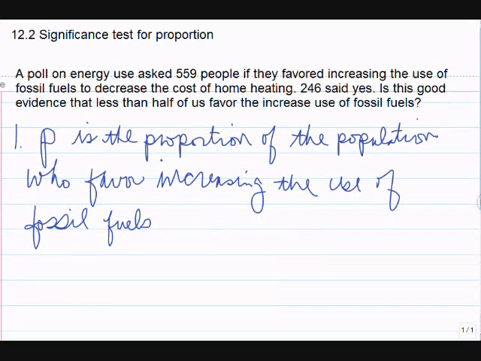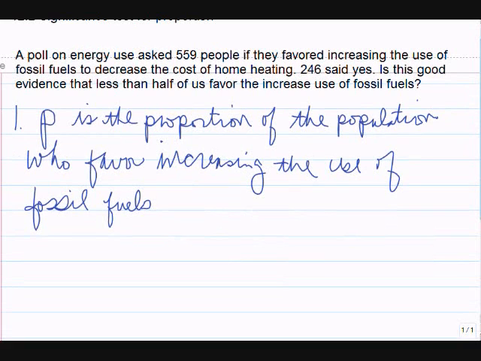In my step 1, I need to do a null and an alternative. So my null is that the proportion of the population is going to be... Is this good evidence that less than half of us favor the increase of use of fossil fuels? What proportion should I be testing against?